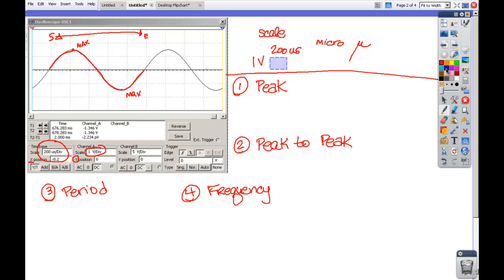Alright, so let's do some calculations. So here's my maximum, and you notice that I know it's one complete box, but it's not quite a complete box. In fact, it's half. I will say that's half a box. So that's 1.5 divisions.